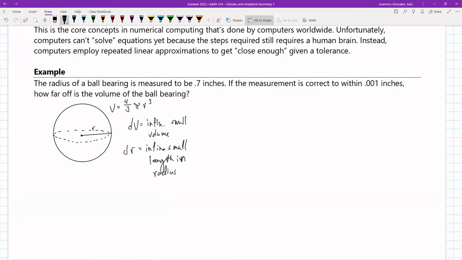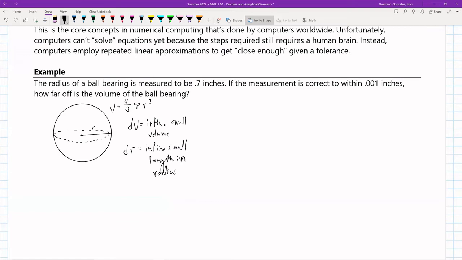Okay, so we have a dV, an infinitesimally small amount of volume, and then we have a dr, an infinitesimally small length in my radius.